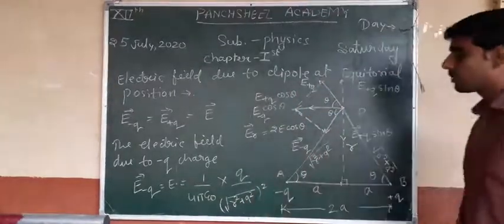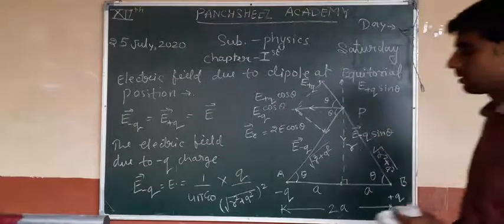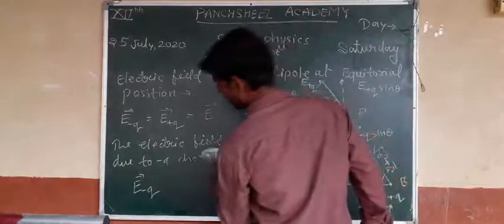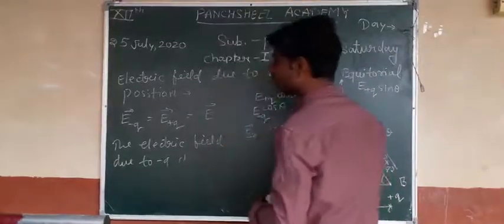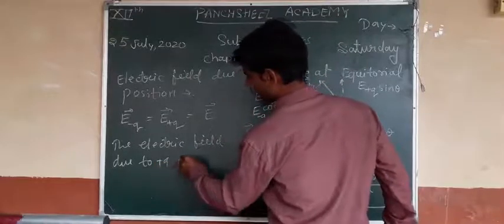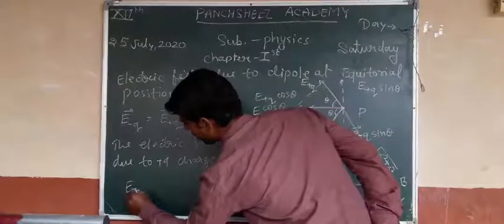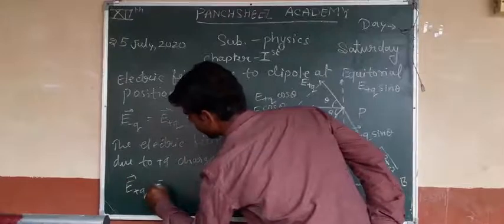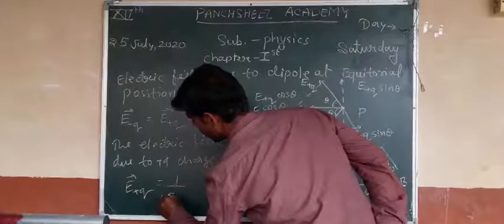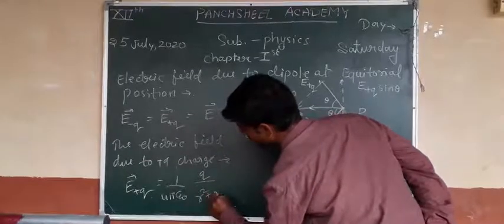Okay, this is the value of E minus Q. And the electric field due to plus Q charge is also the same, so I write here, E plus Q equal to 1 upon 4 pi epsilon naught Q upon R square plus A square.